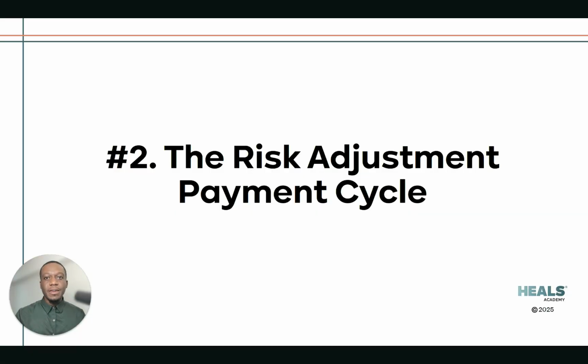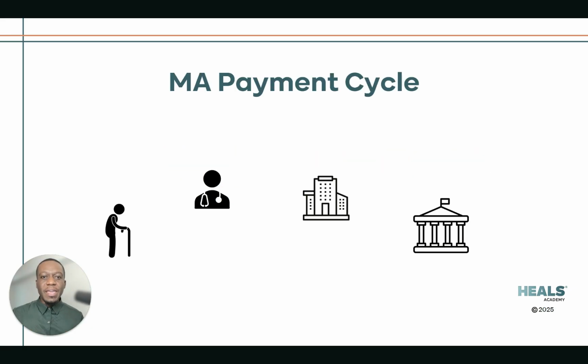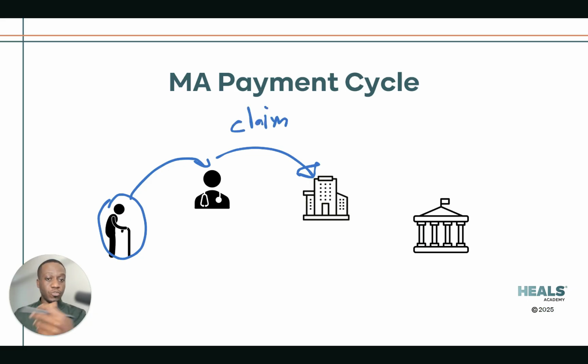Today we are picking up from what we studied last week and looking at the Medicare Advantage Risk Adjustment Payment Cycle and how RADV unfolds in that. So the MA payment cycle goes something like this. There is a beneficiary that receives service from a provider that has a contract with an MA plan. Through the service that the beneficiary received, a provider will send in either a claim or an encounter to the health plan.